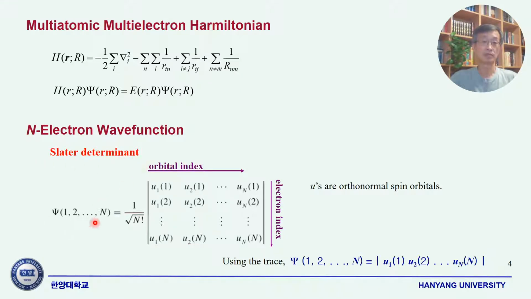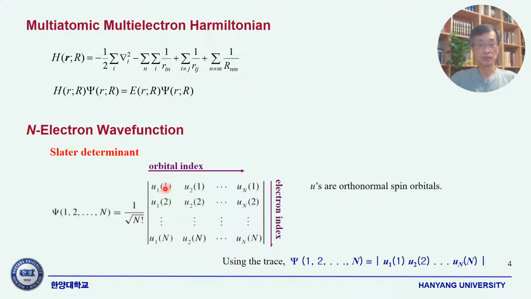So the Slater determinant for the 1, 2, 3 up to n electron total wave function is 1 over square root of n factorial, which is a normalization constant here, and then the orbitals, each molecular orbital, in this case occupied by an electron spin orbital. So electron 1, electron 2, electron 3, electron 4.